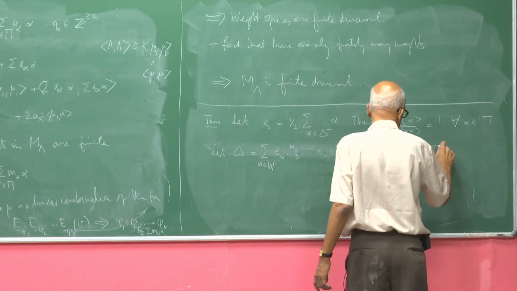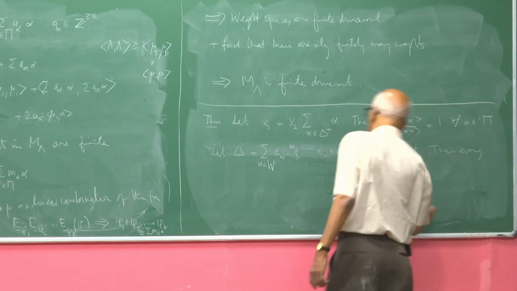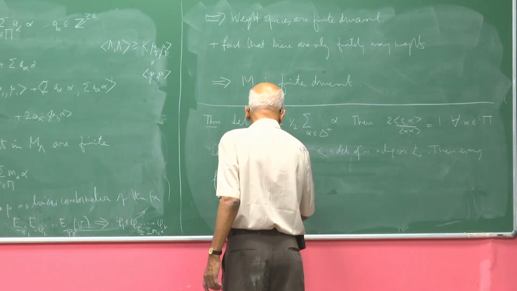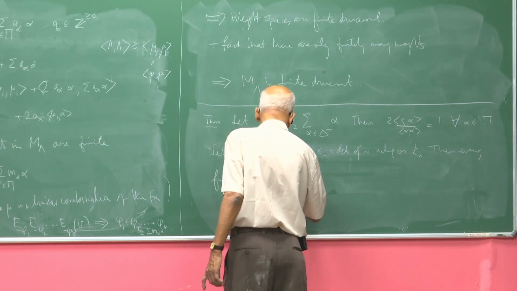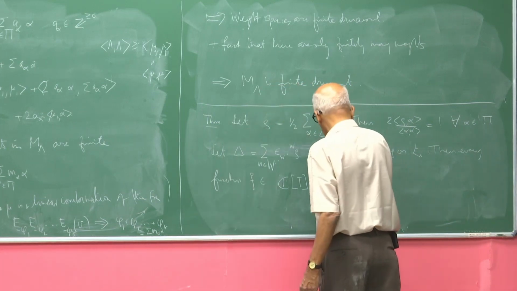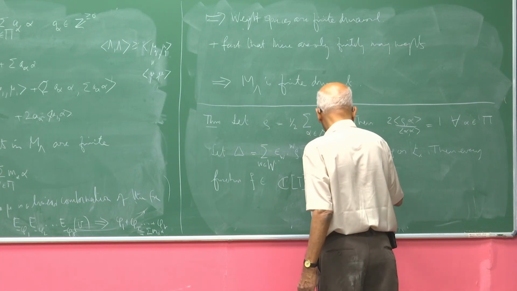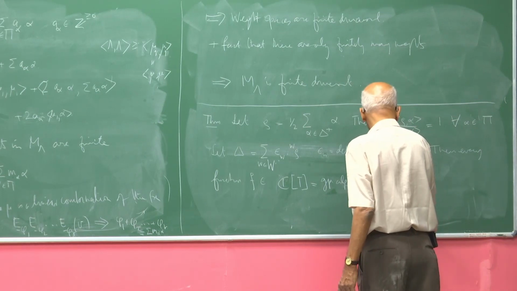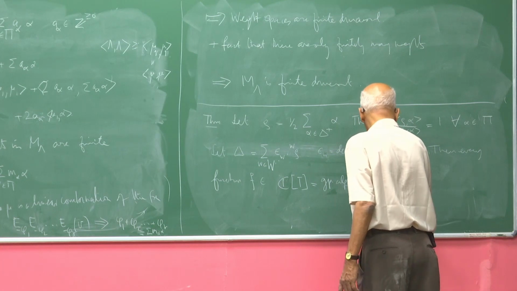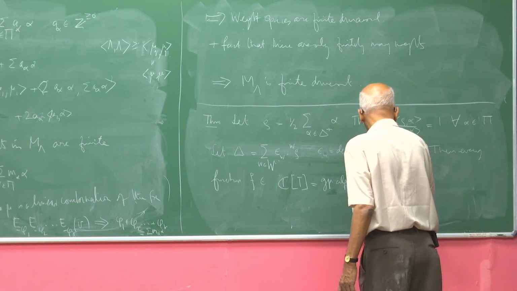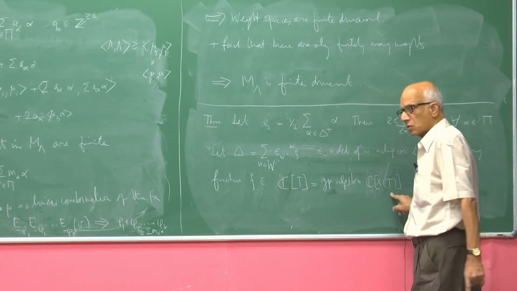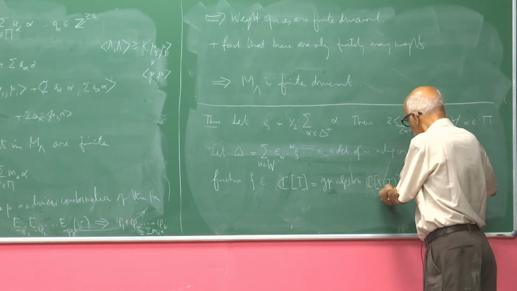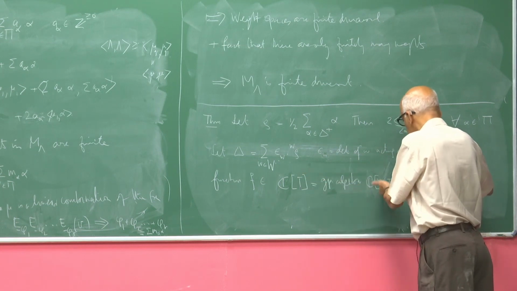Then every function f in C of T, which by definition is the group algebra of C X_T. X_T is the group of characters on T, and in C X_T, each character is a function on T, and every element of X_T is therefore a function.